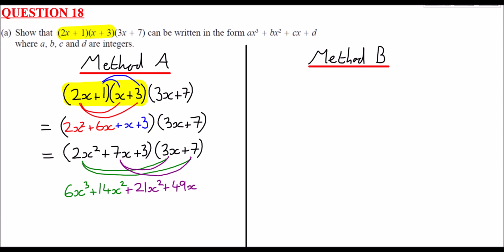Then lastly, we can just multiply the 3 by the 3x and the 3 by the 7. 3 multiplied by 3x gives 9x, and 3 times 7 gives 21. And the last thing to do is just to simplify all terms. So if we do that, we're just going to get 6x cubed.